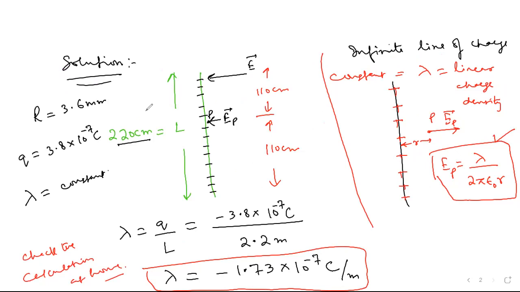So for this point, even if the rod is finite in extent, it is approximately infinite in extent. I repeat, my point of observation lies on the surface of the rod, so it is close to the rod, and it is away from the ends because it is at the midpoint.